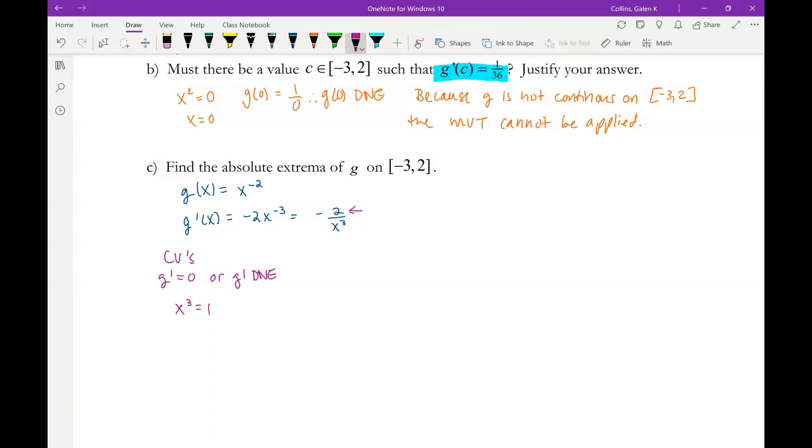However, G prime would be undefined if x cubed equals 0. So if I take the cube root of both sides, I know that's where x equals 0. So I really get the solution x equals 0 with the multiplicity of 3, if you remember that, meaning that there are 3 solutions, but they're all 0.